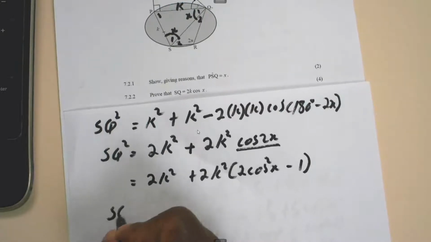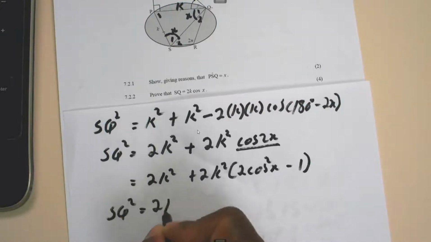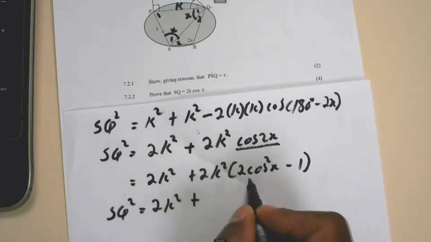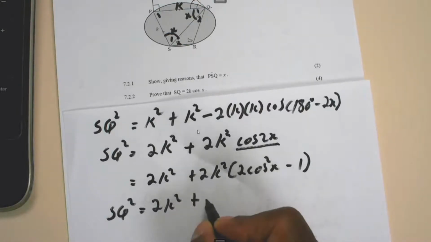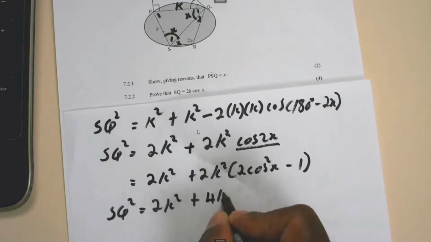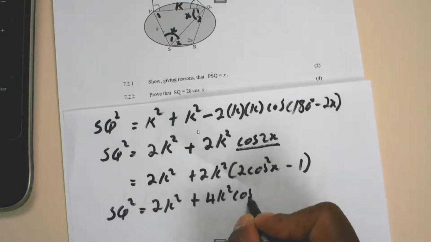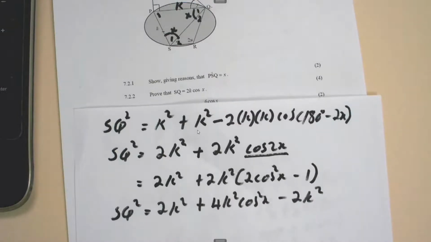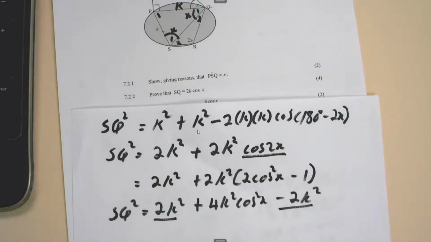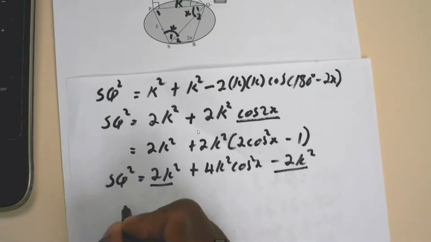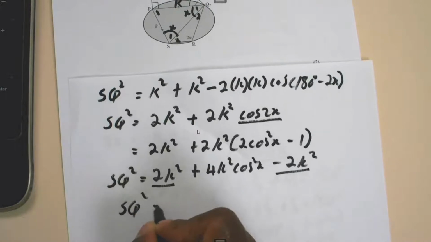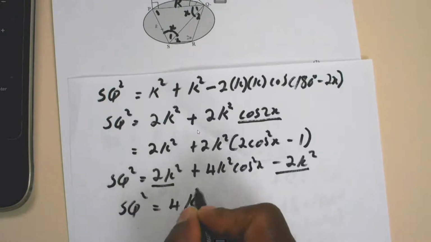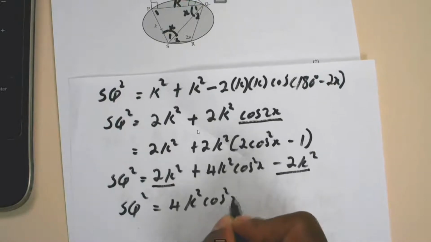I've got SQ squared is 2k squared plus 4k squared cos squared x minus 2k squared. So 2k squared minus 2k squared is 0. What is left is SQ squared, which is equal to 4k squared cos squared x.